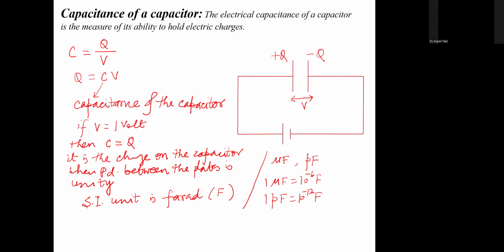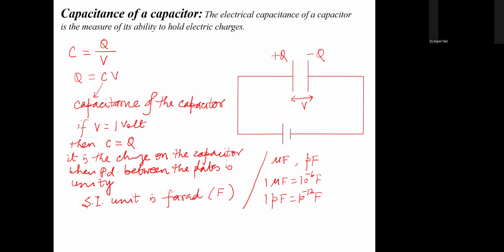So this is how we define the capacitance of a capacitor. It is the measure of its ability to hold charge, defined as the ratio of the magnitude of charge on either plate to the potential difference between the plates, and its SI unit is the farad.